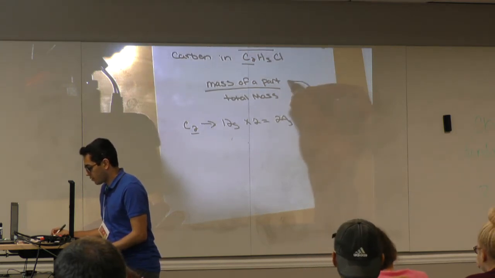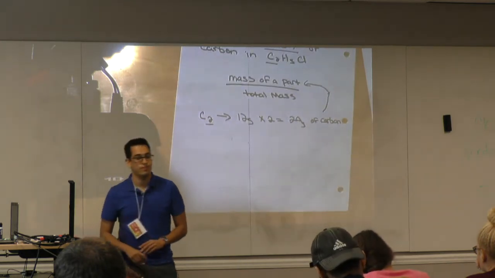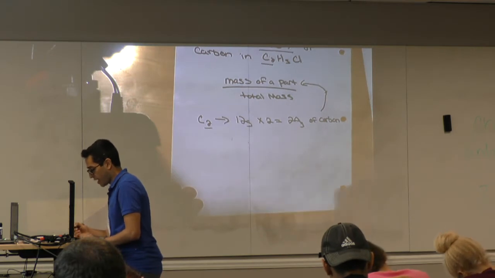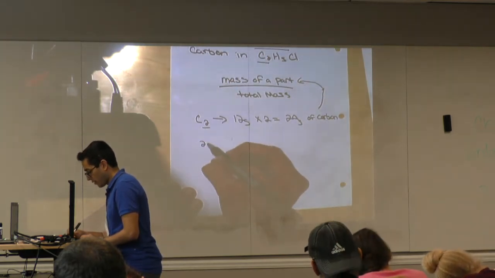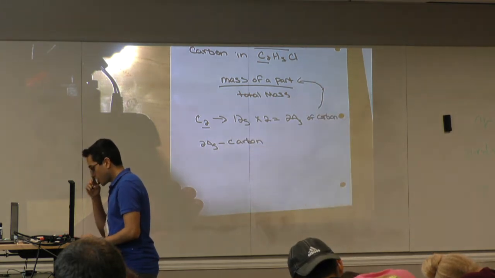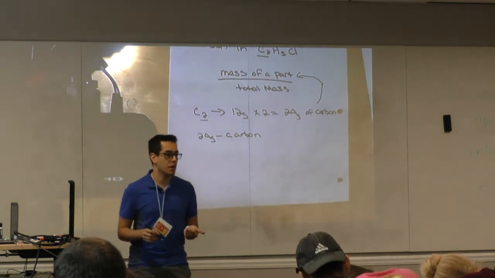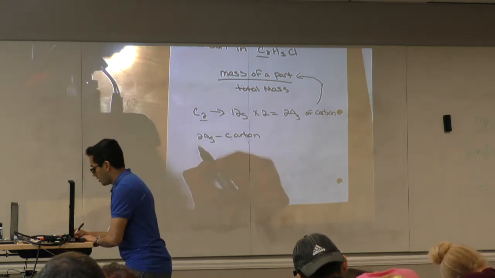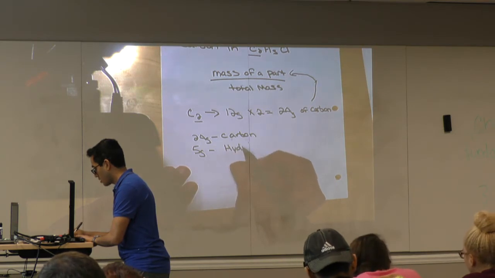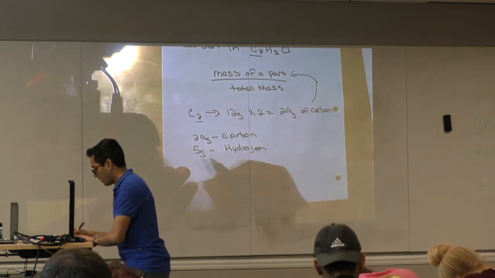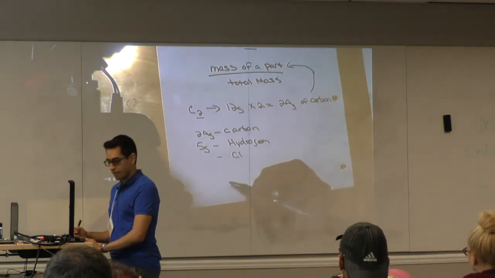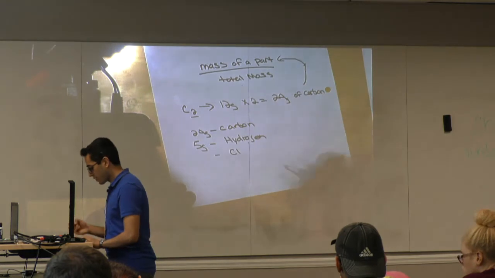So we now know the mass of the part. And now the total mass should be everything added together. The 24 grams of carbon, H5, and H is about 1 gram, so the 5 grams of hydrogen, and then Cl. And Cl is about 35.45 grams.